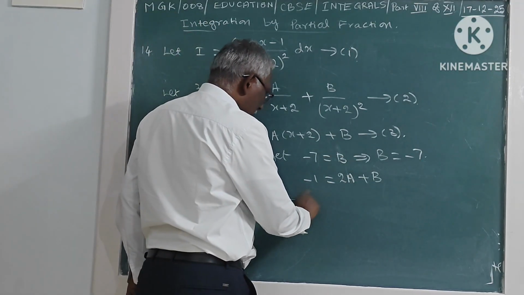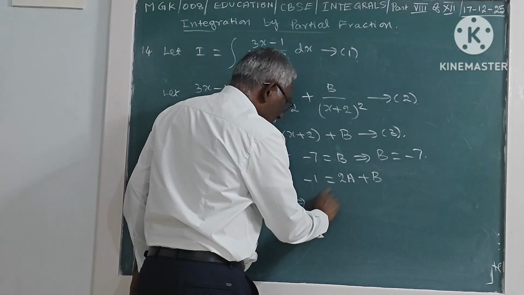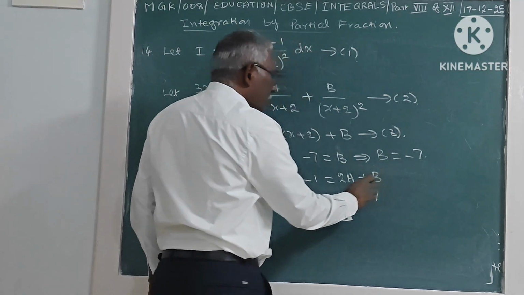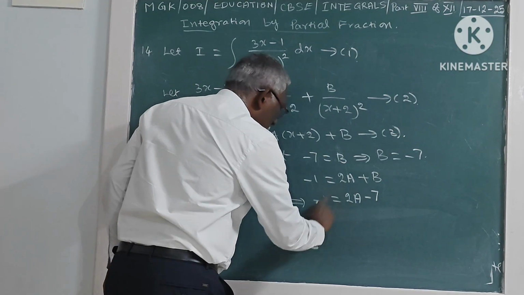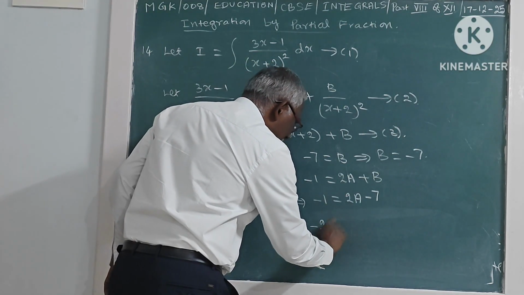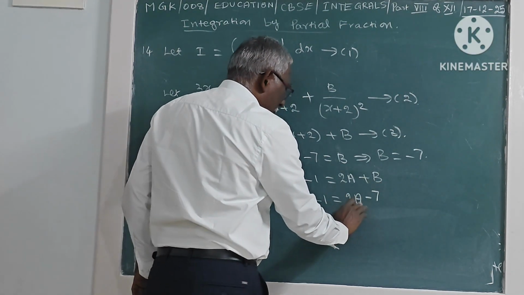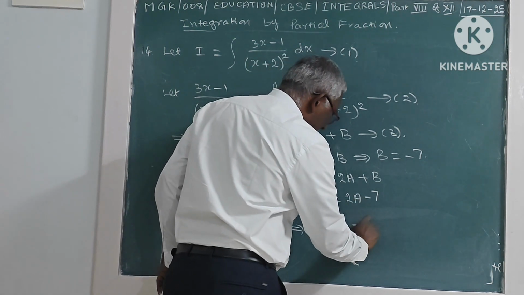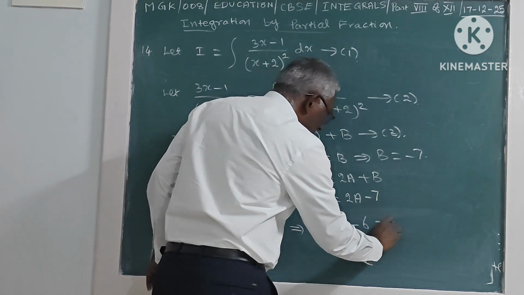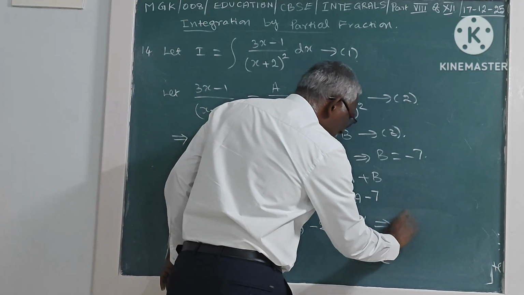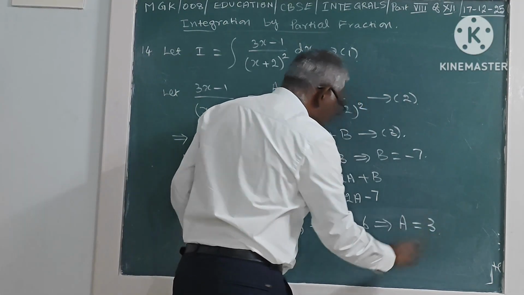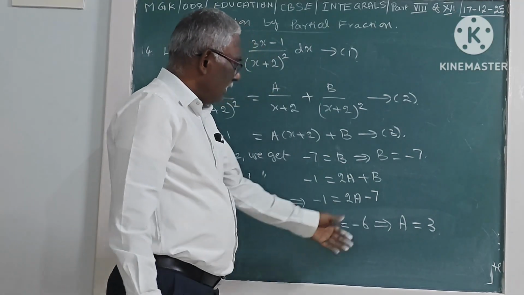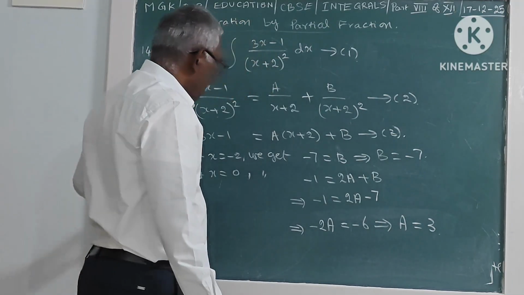So this gives minus 1 is equal to 2a minus 7, so minus 2a is equal to minus 7 plus 1, so minus 6. This gives the value of a as 3. Minus 2a is minus 6, a is 3. So a is 3 and b is minus 7.